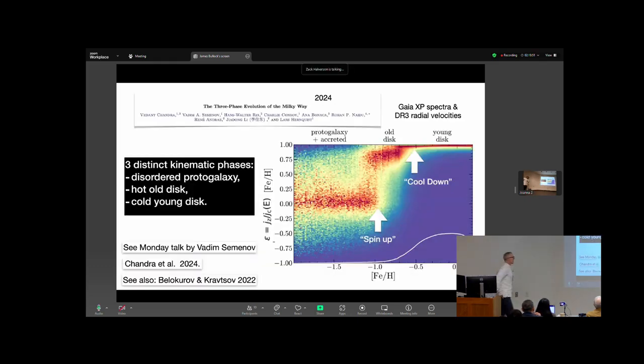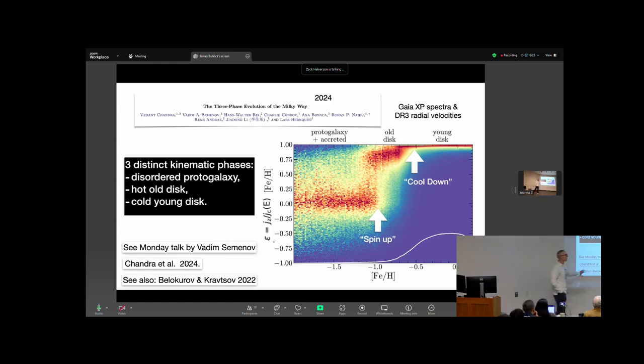So we saw this plot earlier that Vadim showed, and it's really remarkable work by Chandra et al., looking at Gaia data for the Milky Way and looking at the orbits of stars in the galaxy in terms of this circularity parameter, which is basically a ratio of the angular momentum to the angular momentum that star would have if it was on a circular orbit with the same energy. You see these 3 distinct phases of stars in the Milky Way.